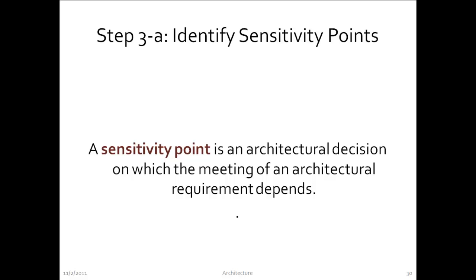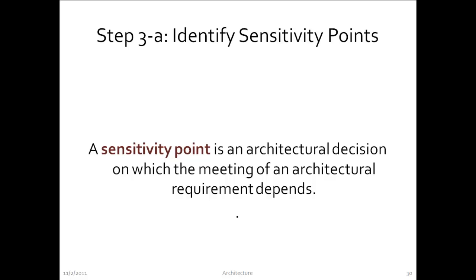So the goal of this architectural evaluation or architecture analysis is, of course, to see how or whether the architecture meets the important functional and non-functional requirements. But it actually goes more than that. You want to understand also to what level the architecture meets the functional and non-functional requirements.